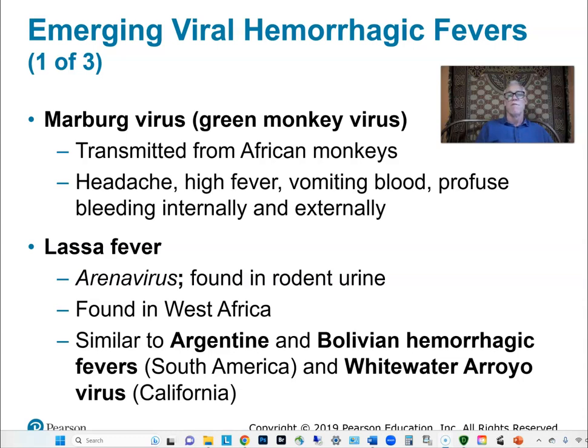It causes a headache, high fever, but then bleeding on every mucous membrane, every orifice, vomiting blood, profuse bleeding internally and externally, and a very high fatality rate. Very terrible disease indeed. There was an outbreak in Marburg, Germany, and that's when it was first realized what it was, and that's where the name comes from, I think in the 1980s.